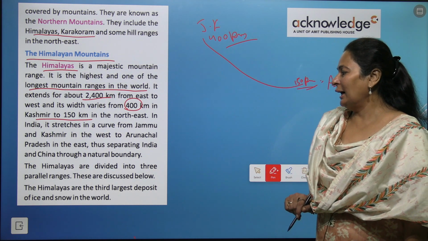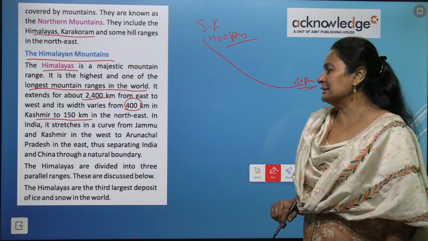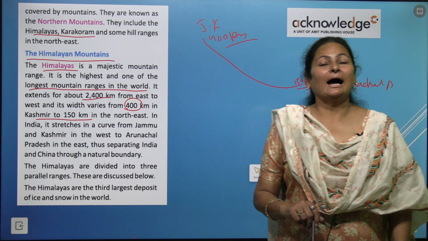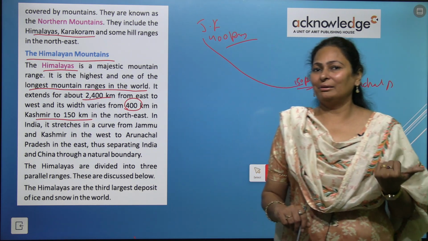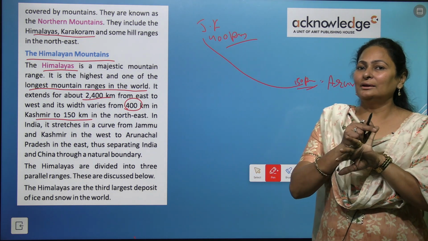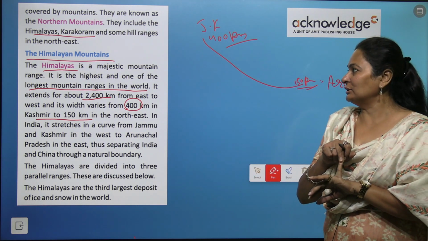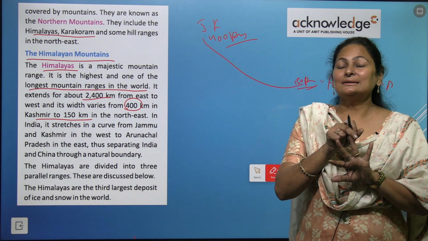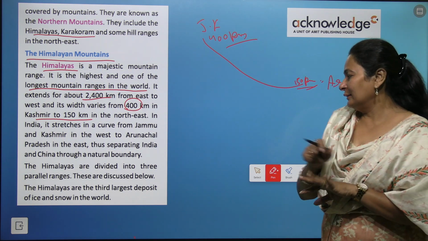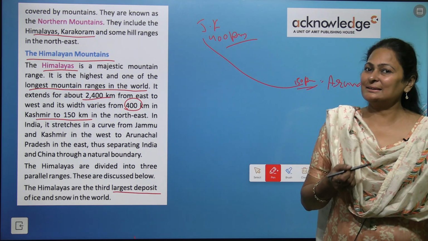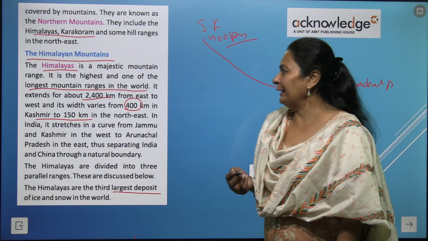The Himalayas are the third largest deposit of ice and snow in the world. We have learned that Himalaya is the highest mountain range, right? It is the third largest deposit of ice in the world, right?